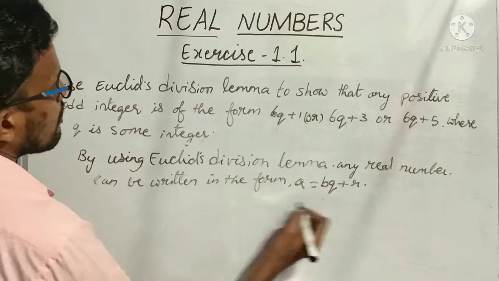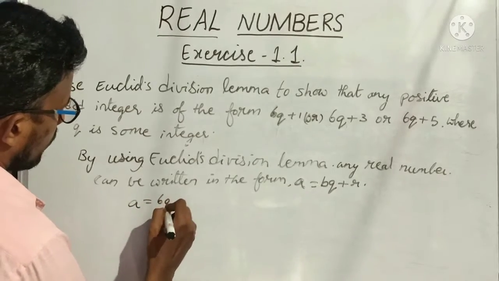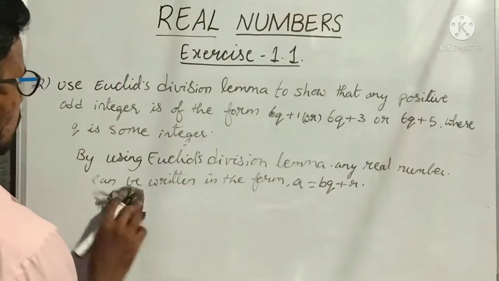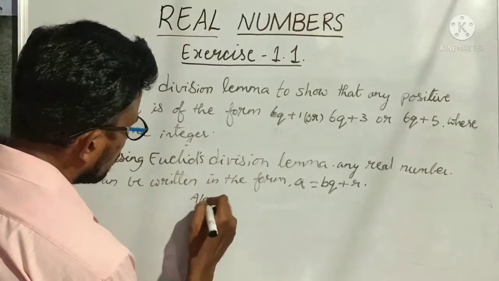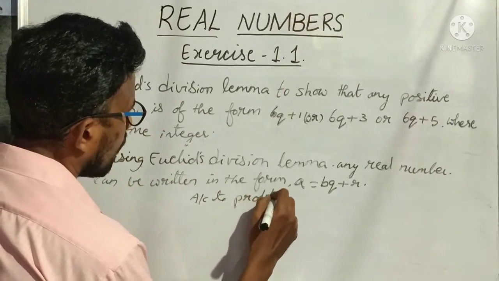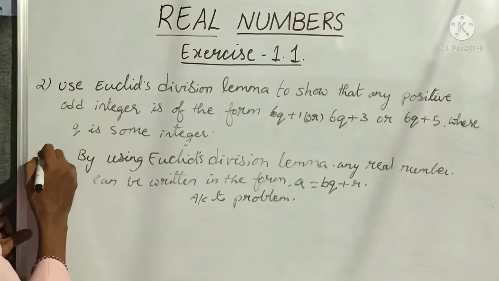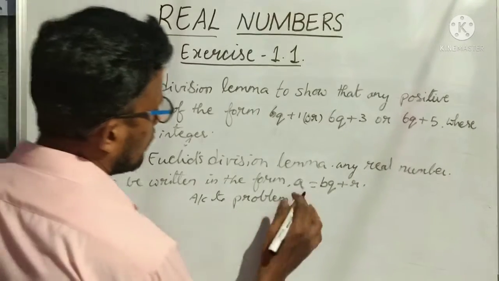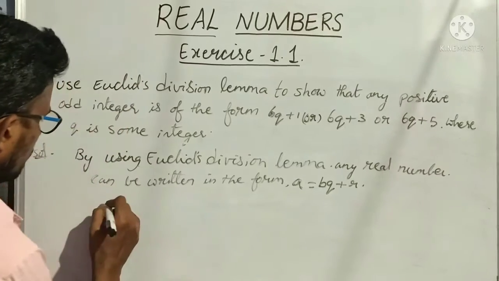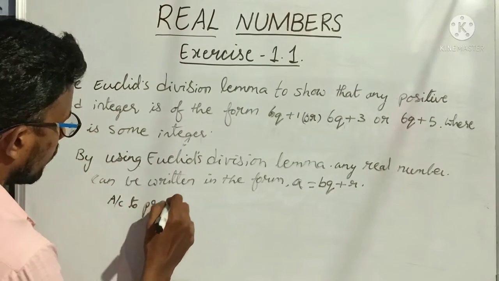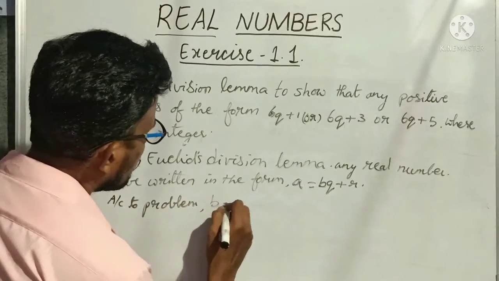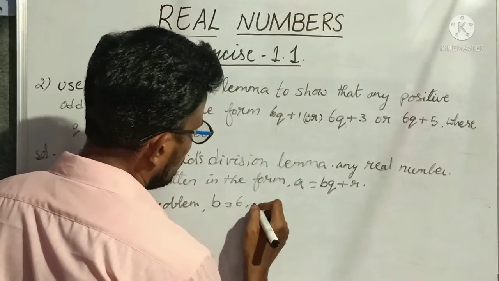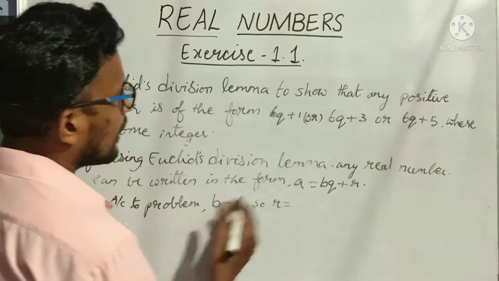So now he has given 6q plus 1, 6q plus 3 or 6q plus 5. According to the problem, b is equal to 6, right? So what are the possible values of r?